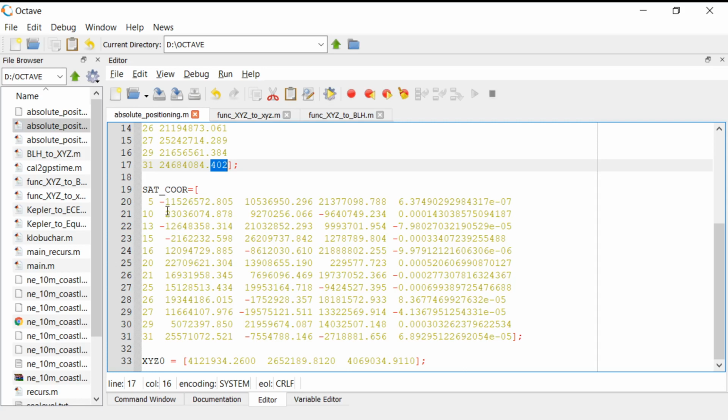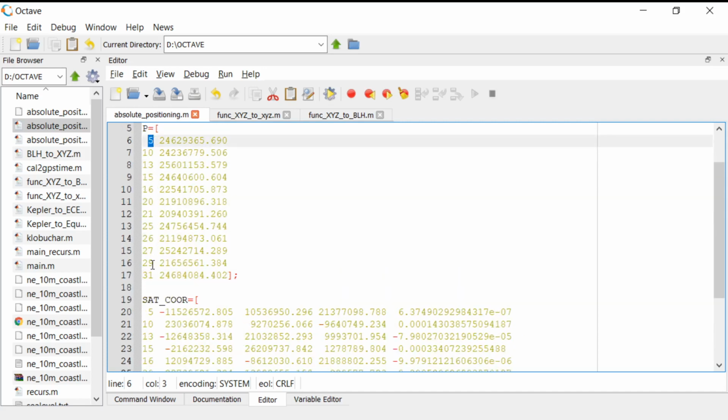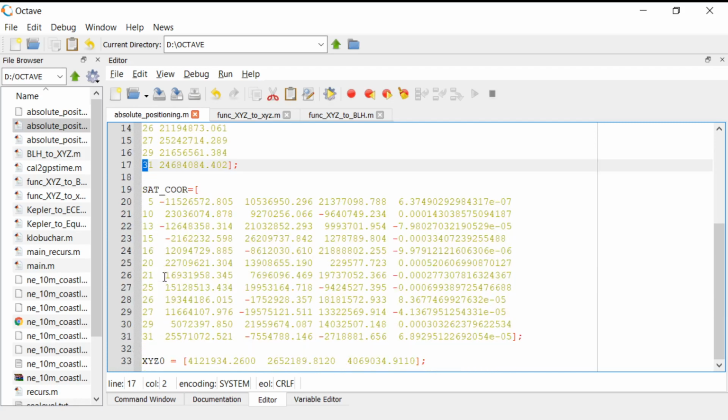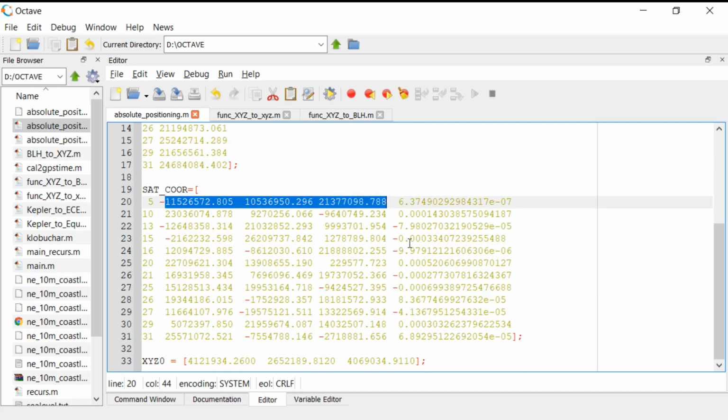You see the same order, beginning with 5 and ending with 31. These are the satellites' X, Y, and Z coordinates in Earth-centered, Earth-fixed coordinates, and the satellite's clock error is also included.